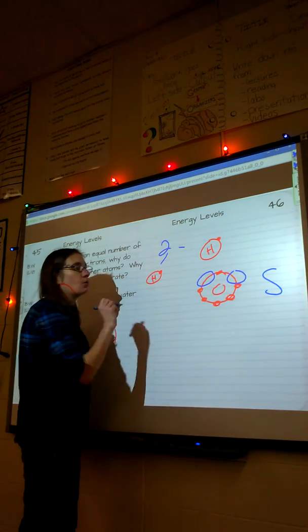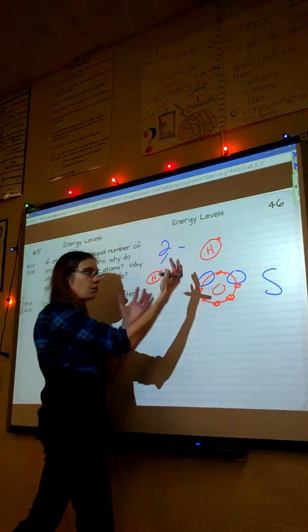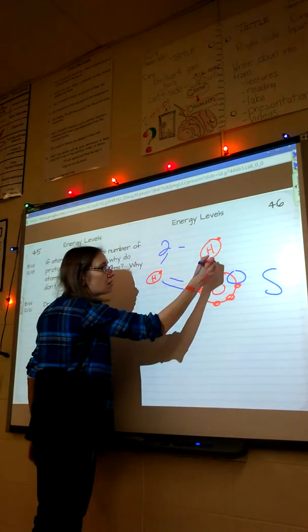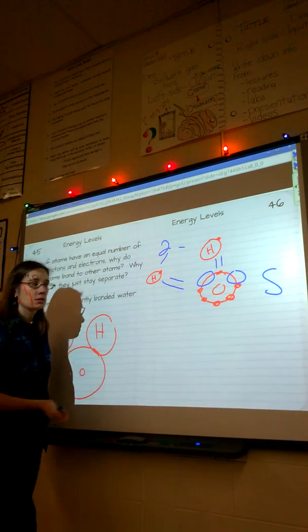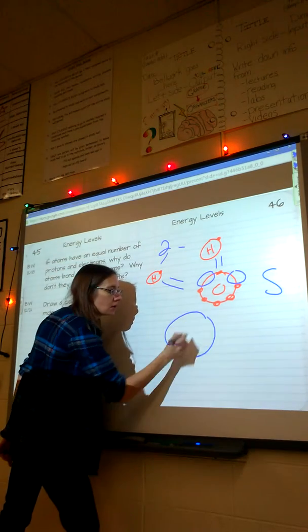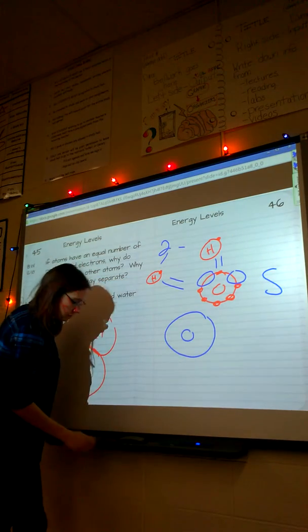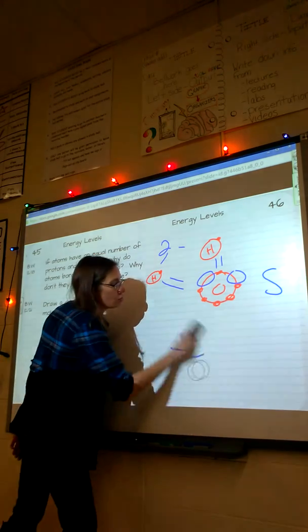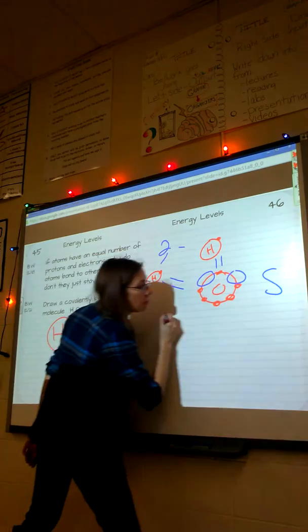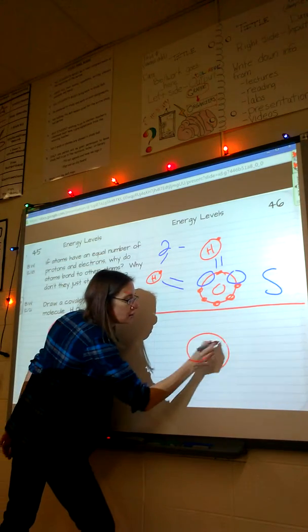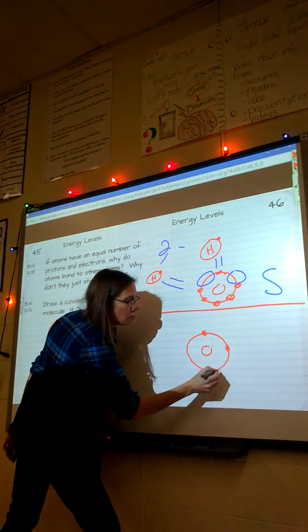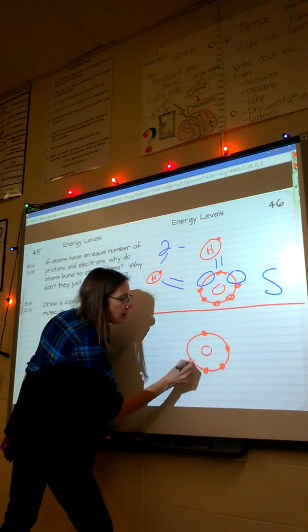So what happens with covalent bonds? The atoms get close enough, and the attraction between the electrons and the protons from the oxygen atom draw them near to each other. So when they come together, it looks like this. I'll use different colors. We've got the oxygen, which we said had 1, 2, 3, 4, 5, 6.